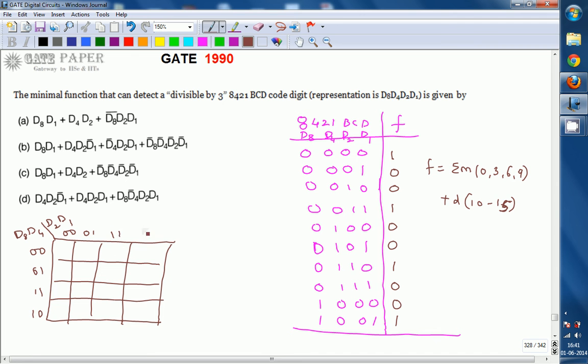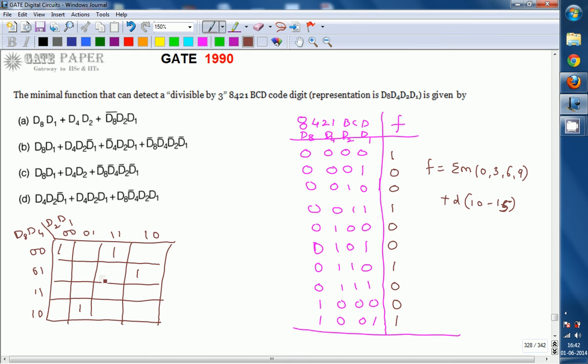Now we have to indicate the numbers. For 0 it is 1, for 3 it is 1, for 6, which is 0110, it is 1, and 9 is 1001. So these are 0, 3, 6, 9.